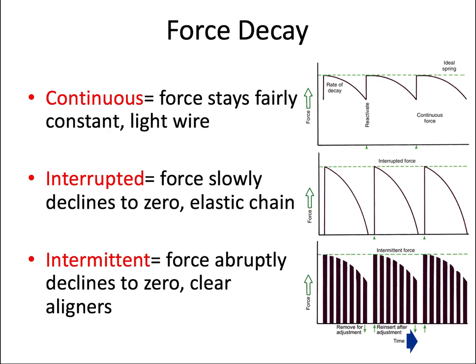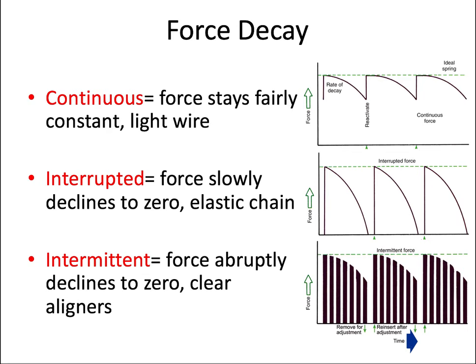And finally, we have intermittent force. This is that which abruptly decays to 0 when the patient takes out the appliance. So great examples of this are rubber bands and clear aligners. When they put them back in, the curve will resume back where it left off, based on how fatigued the material has become.